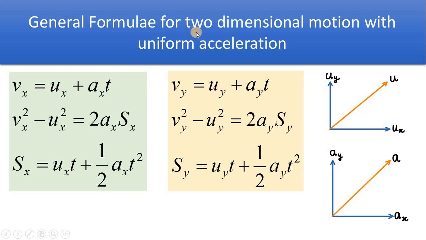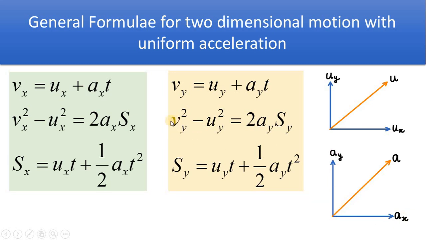Now, in a two-dimensional motion, like here explained in the diagram, let us say the velocity of the particle is u. Then this velocity can have components along x direction, ux, and along y direction, uy. Similarly, the acceleration of the particle in two dimensions can be resolved into two components, ax and ay.